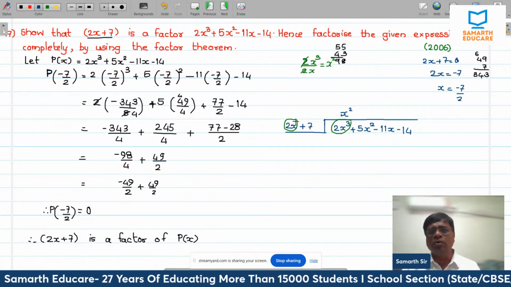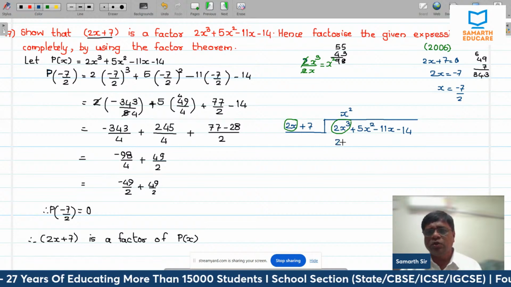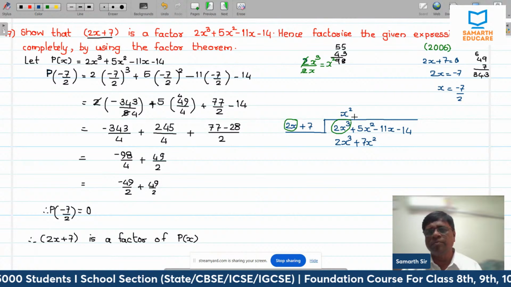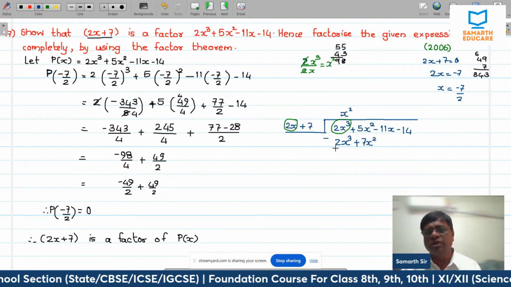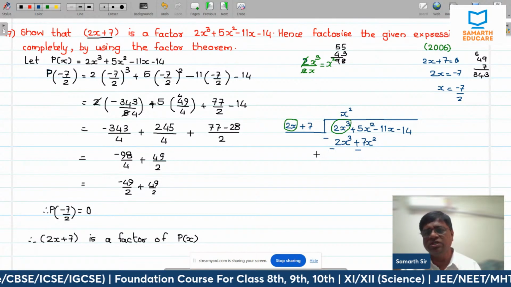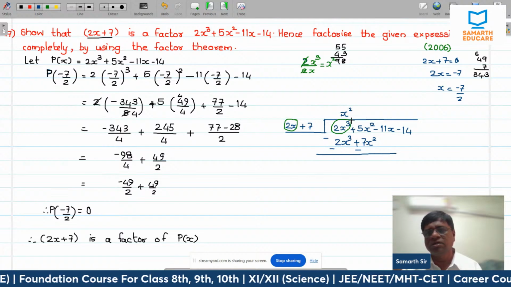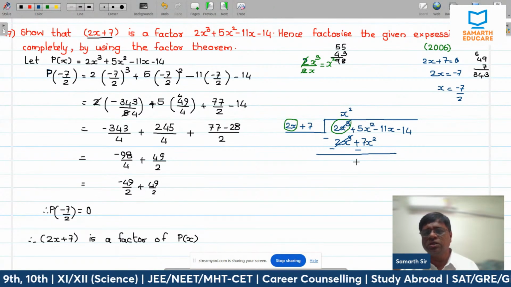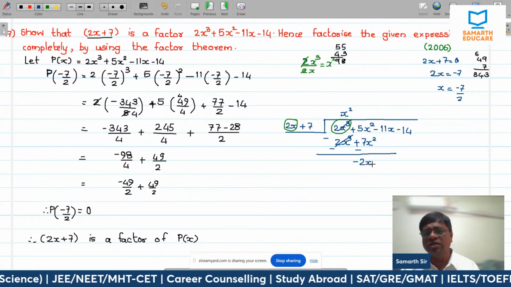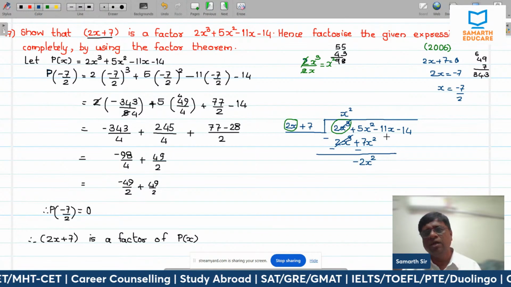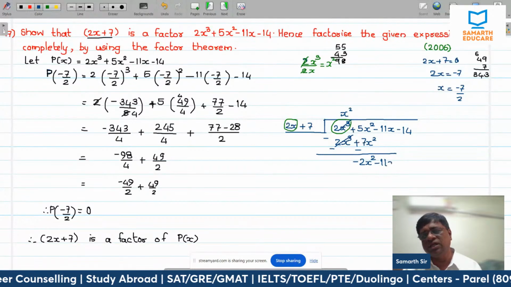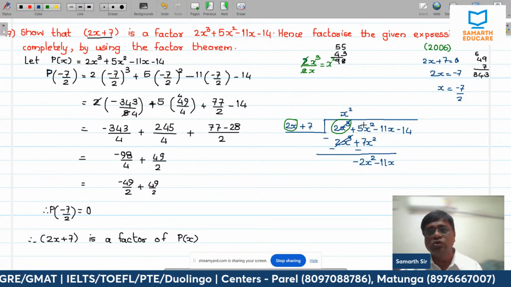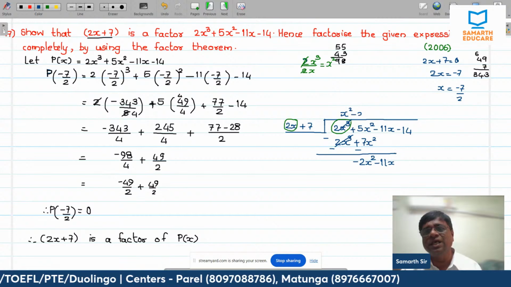All right. Now, if I multiply this, 2x cube plus 7x square, let's multiply. Subtraction, sign changes. 2x cube minus 2x cube. 5x square minus 7x square is minus 2x square. Right? Let me bring one more term down, minus 11x. Now I have 2x and I want minus 2x square, so I will have to multiply by minus x.